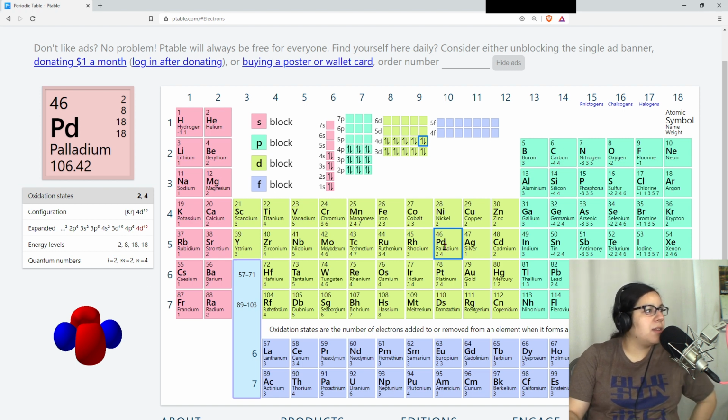So hence why it's 4d10. So I would accept either answer. Does that make sense? So you may find some oddities, especially in the transition metals and then the lanthanide actinide series.